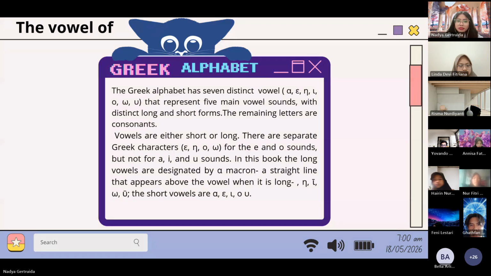Sorry. Now are the vowels of the Greek alphabet. The Greek alphabet has seven distinct vowels. The examples are alpha, epsilon, iota, omicron, omega, and epsilon.